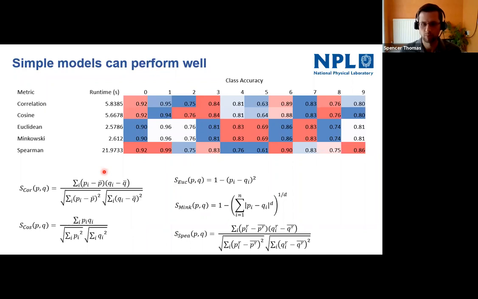Simple models can help, but this is task dependent, and this task is simpler compared to some other tasks that we have seen. So this might not translate perfectly to those more complex tasks, but it illustrates the point that complexity is not always the answer.